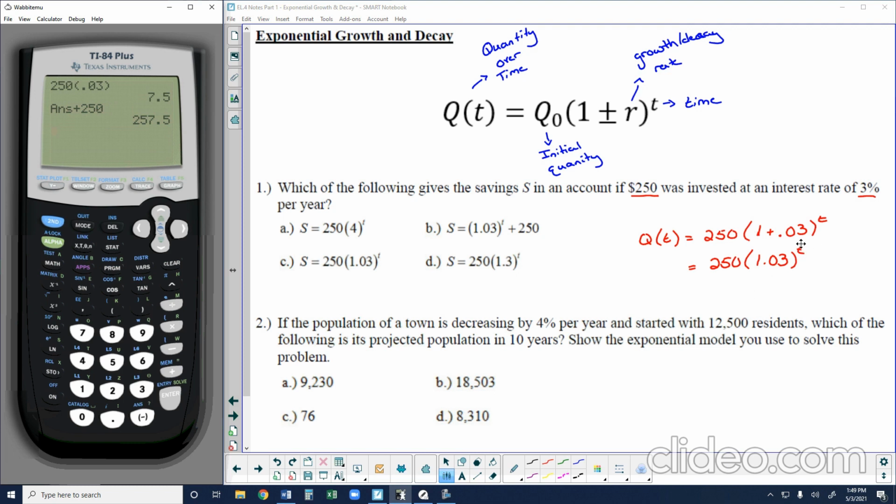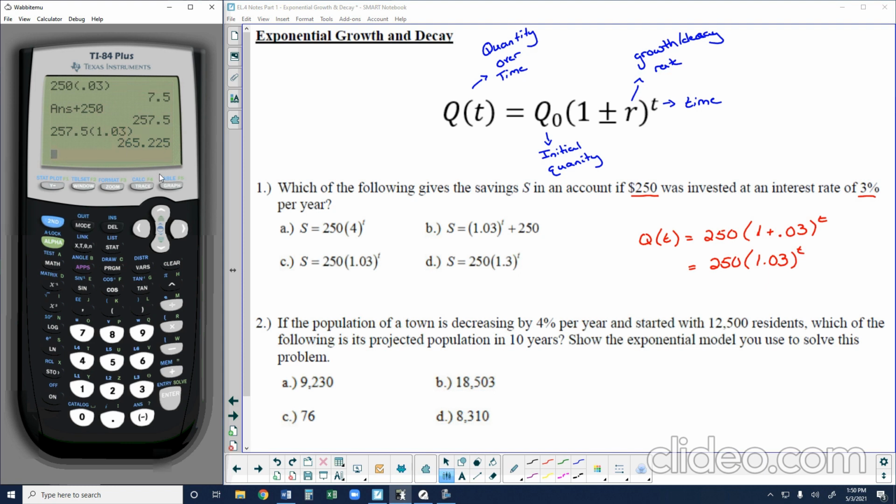Now, the reason that we do this to the t power is because we would have to repeat this process over and over again. If this gives me my amount for year 1, I could then do this number, 257.5 times 1.03, and that would give me my value for my second year.